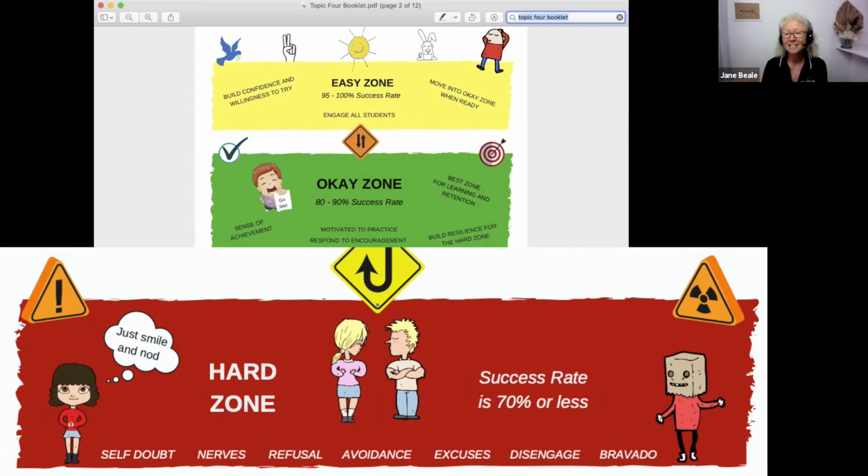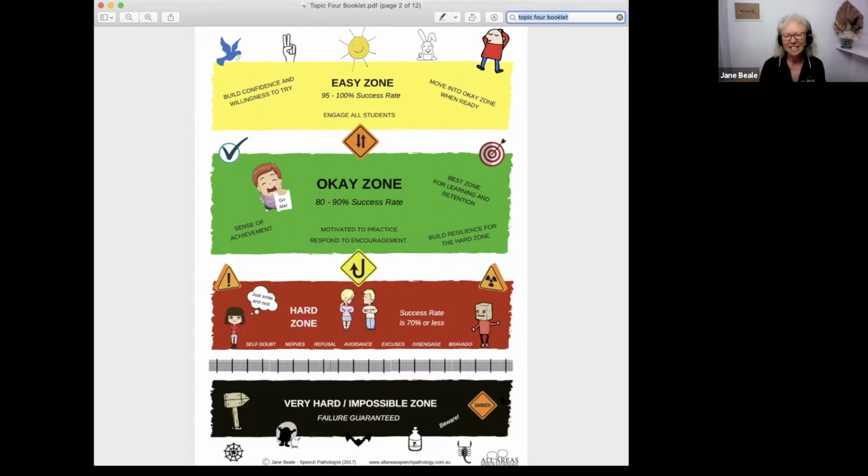We well and truly spend time in that yellow, easy zone, and then we spend a lot of time in the okay zone, where our clients feel good about themselves, develop a sense of achievement, they learn and retain, they respond to encouragement, and they don't fall apart when something's suddenly a bit tricky because they've built resilience through having lots of success. The black zone, the very hard or impossible zone, we just don't go there at all when we're doing an articulation program.